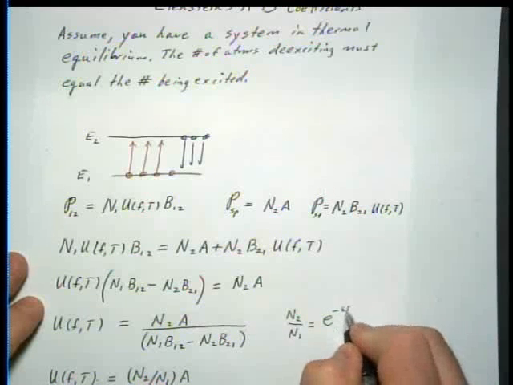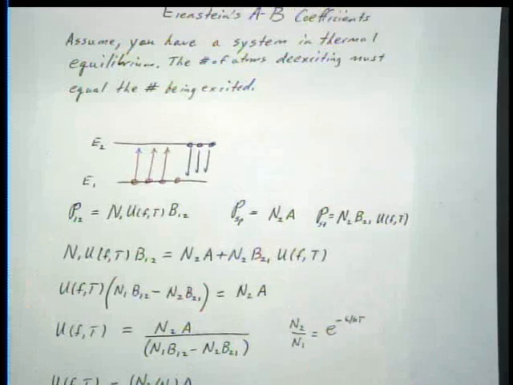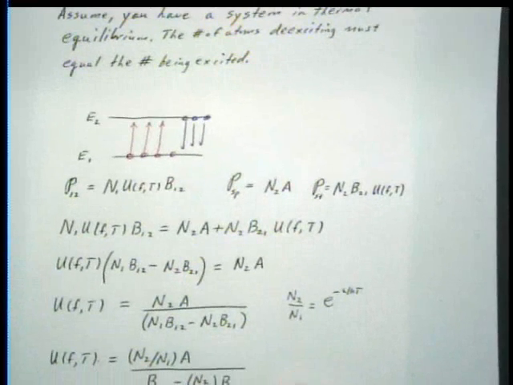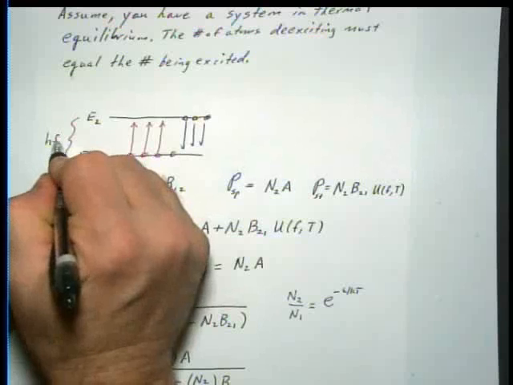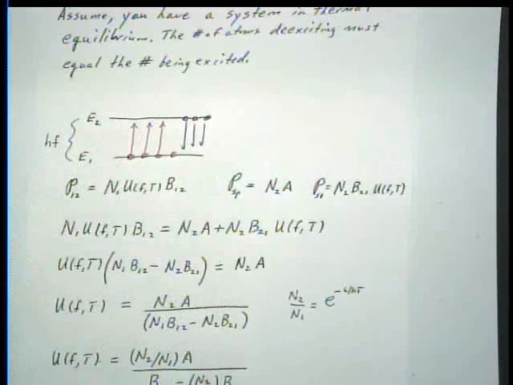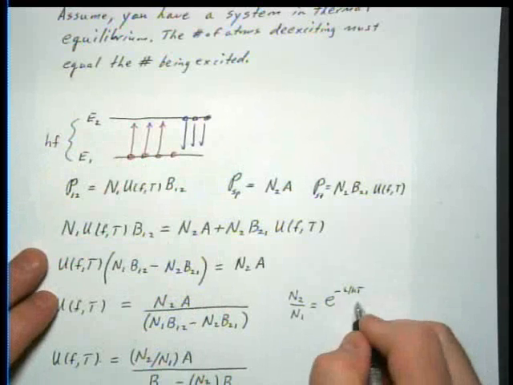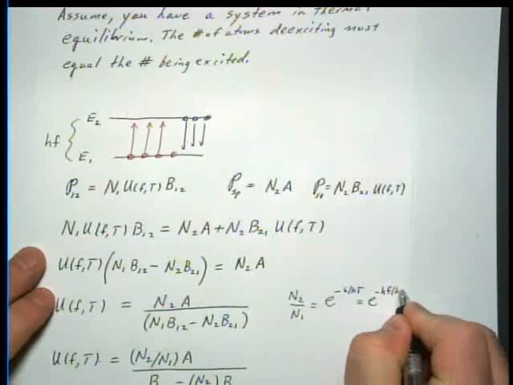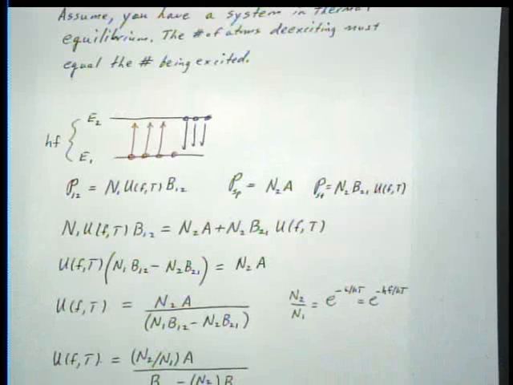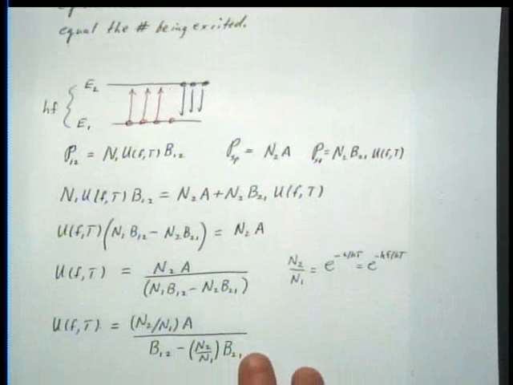That's the energy over KT. And I know the energy. It's this energy right here, which is the same as the energy of the photon, HF. So this is e to the minus HF over KT. So what I want to do is get everything to have N2 over N1 in it.